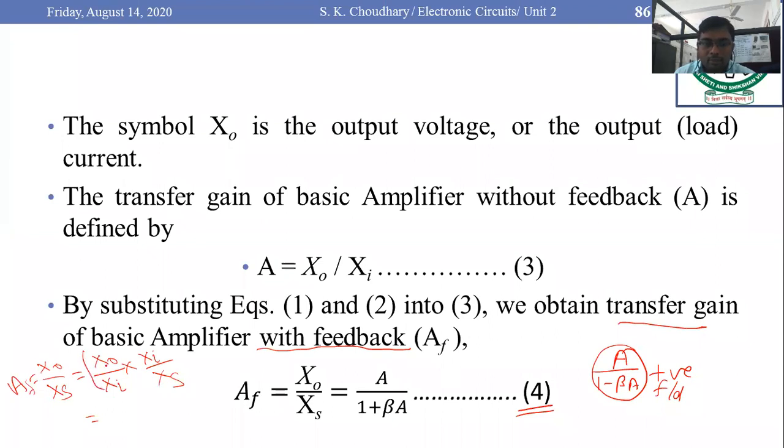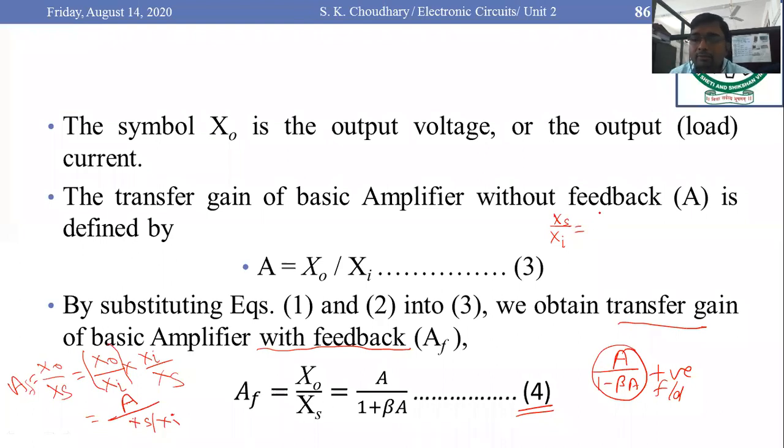So X naught upon Xi is A. And the other term is Xi upon Xs, which you can reversely say as Xs upon Xi.